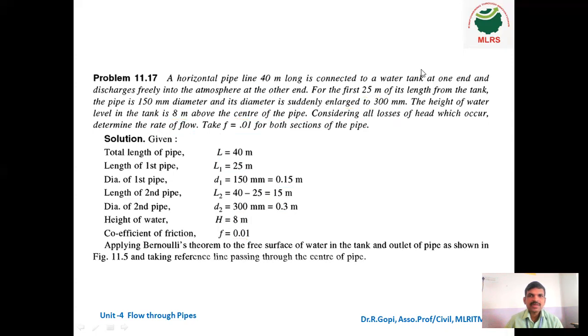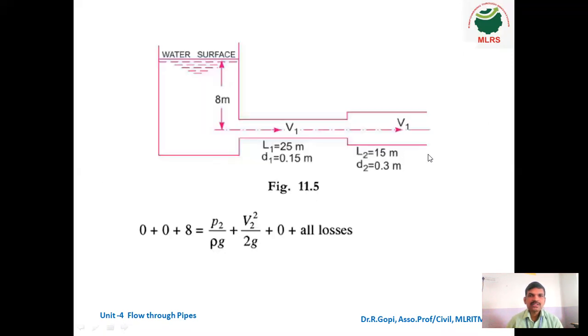So let us see the diagram. So this is the diagram. So your water tank is there. So this is the water tank, WT. At the bottom of the water tank, for the first 25 meter length, a 150 mm diameter pipe, that means 0.15 meter diameter pipe, is attached.